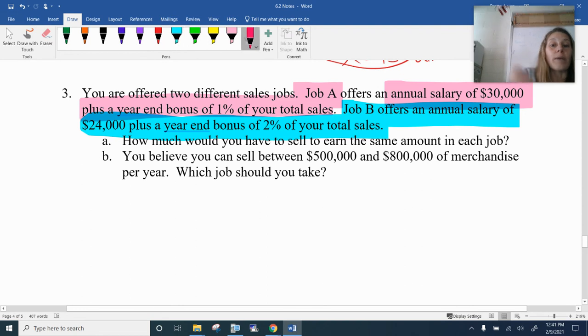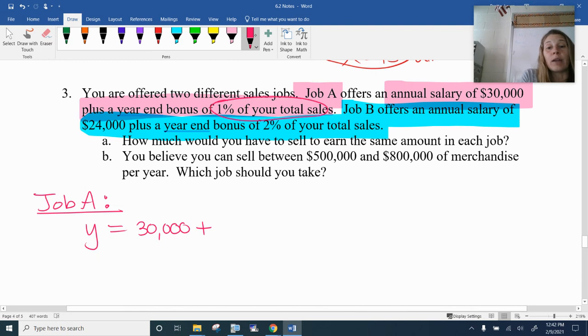So let's do job A. For job A, I'm going to just say y equals $30,000 a year plus 1% of your sales. Now, when you do percentages, you have to make it a decimal, so it's 0.01x.